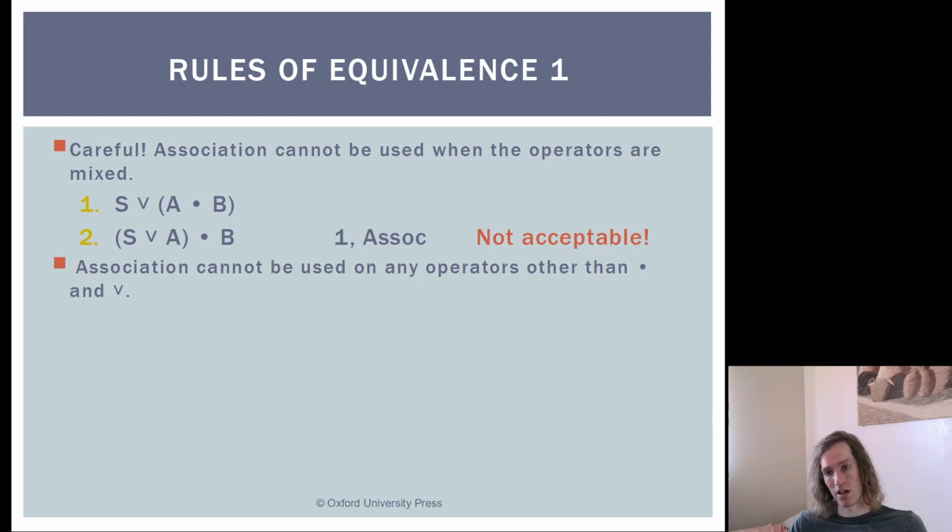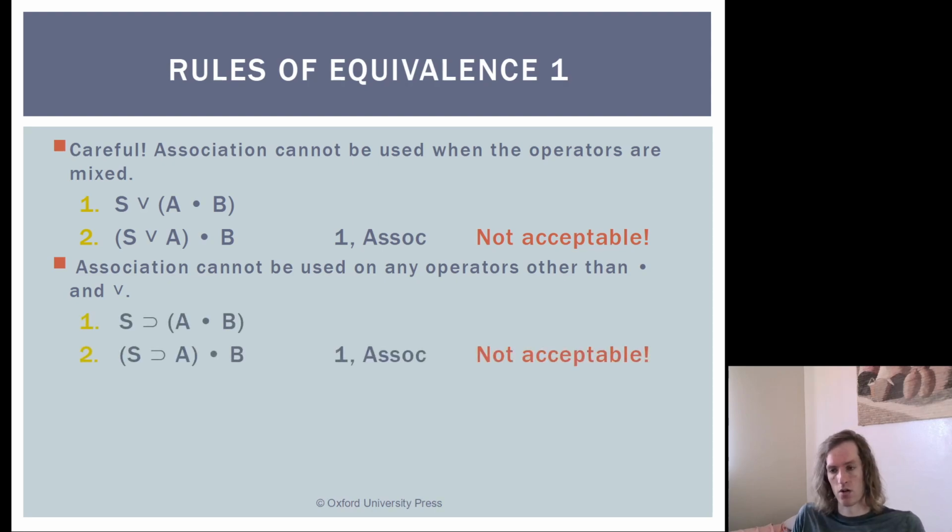Association cannot be used on any operators other than conjunction and disjunction. Conditionals are especially obvious, but if we have if S, then A and B, we can't just move over to if S, then A, and B. It's not a correct application of association.